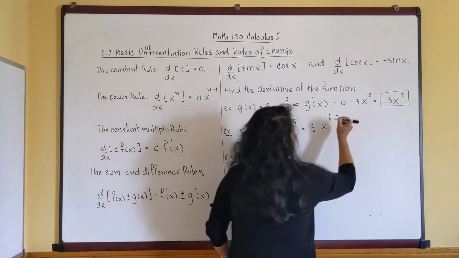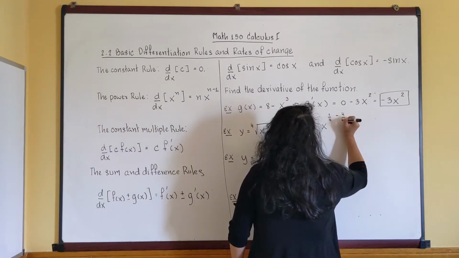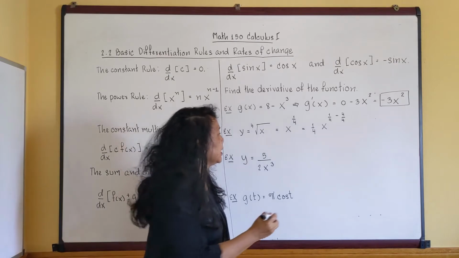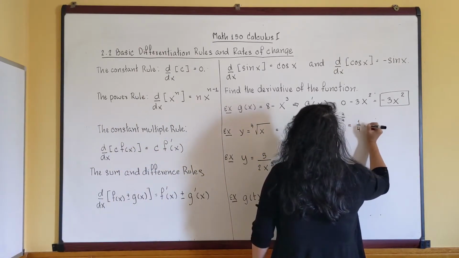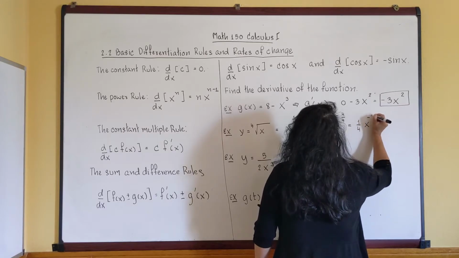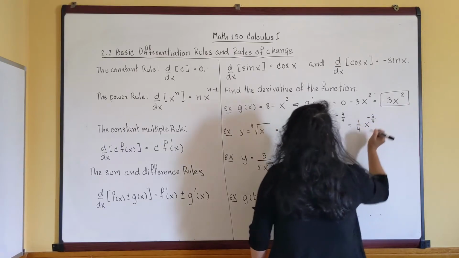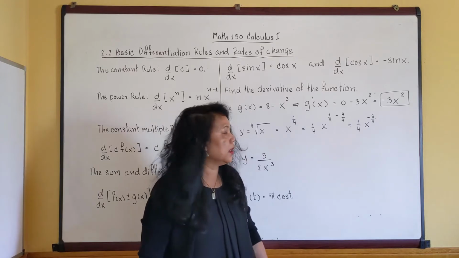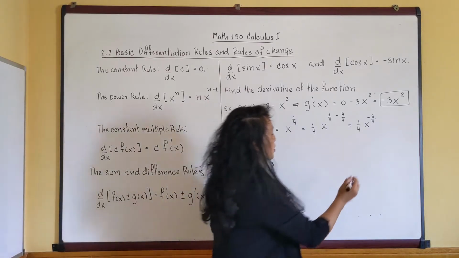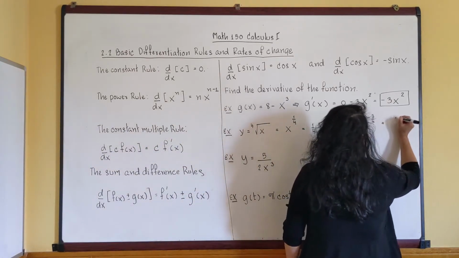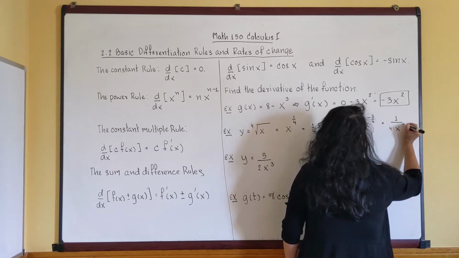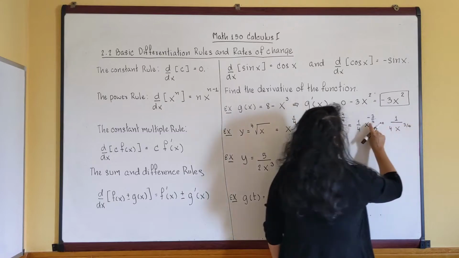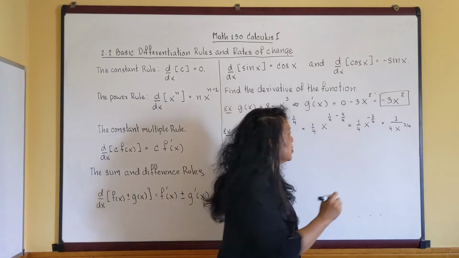Minus 1, I can write as 4/4. So that is 1/4 x to the negative 3/4. Now you try to keep the exponent positive, so I bring it down, so my exponent is positive, and my answer would be 1/4 x to the 3/4.